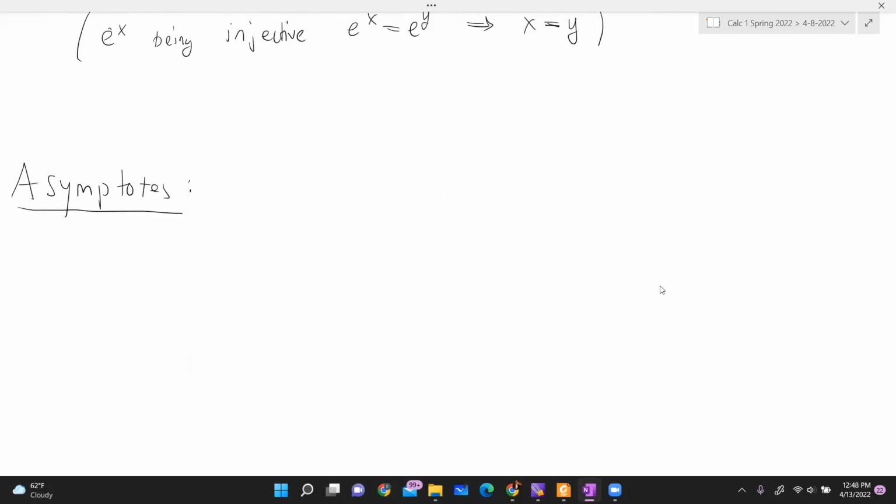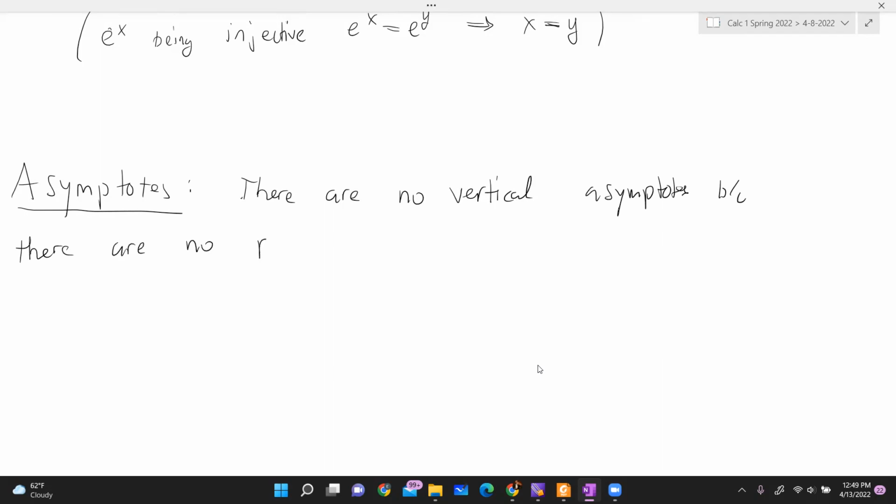So first of all, we want to look at horizontal asymptotes. Well, first of all, actually, I should just rule out vertical asymptotes. There are no vertical asymptotes, because there are no points where f of x is not defined.